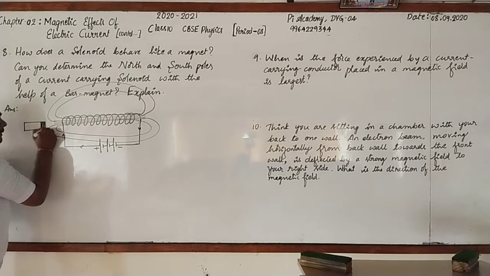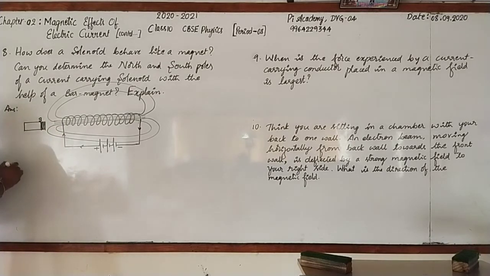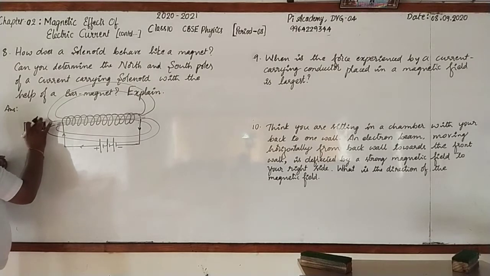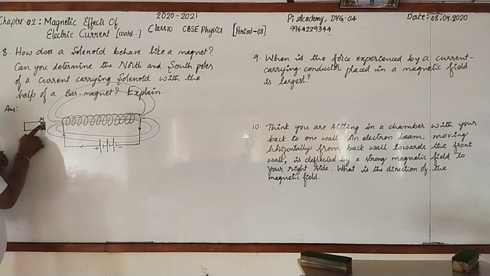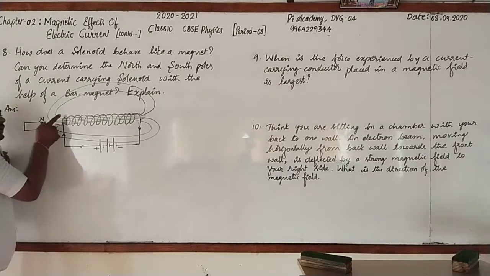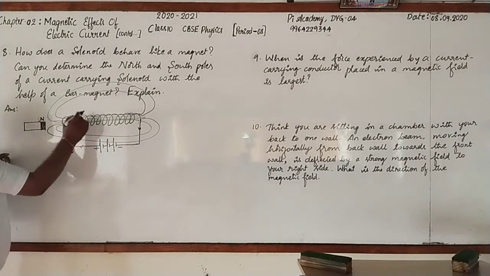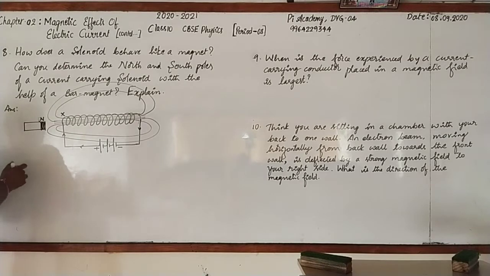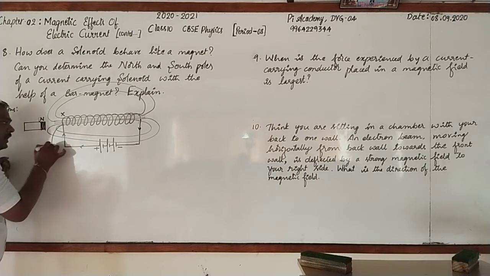Suppose the north pole of the bar magnet is brought at one end of the solenoid. You may call it X. Then, if it attracts, then this end becomes south pole.